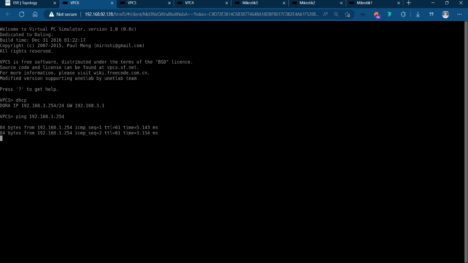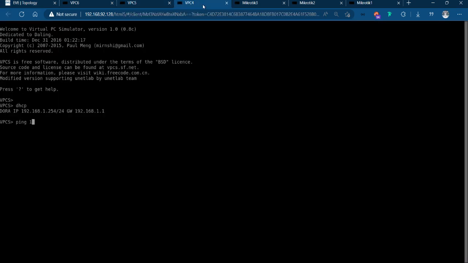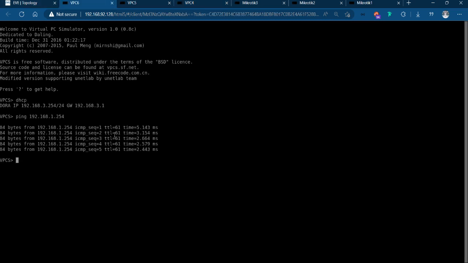Okay, the routing process is done. Now Mikrotik number 3 can reach Mikrotik number 1 because we did the routing process. This is 3/24. Done. Now we do a trace to see where the packet is going to be sent.